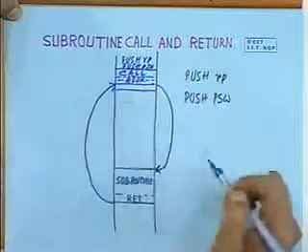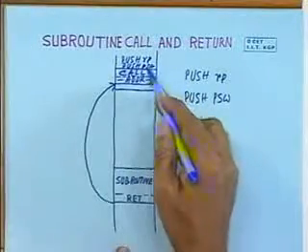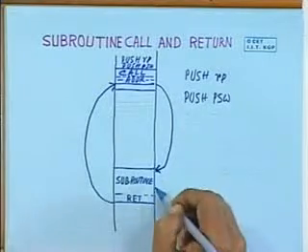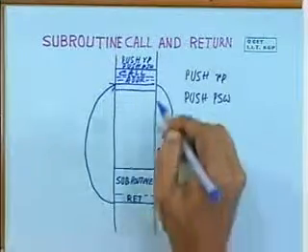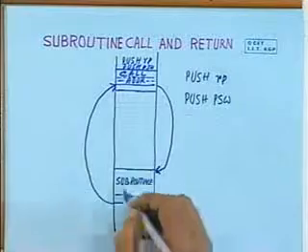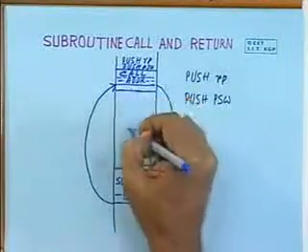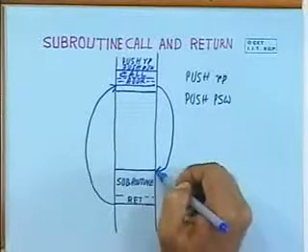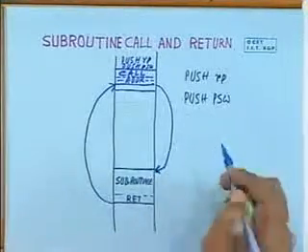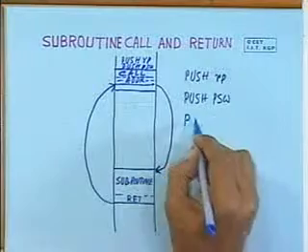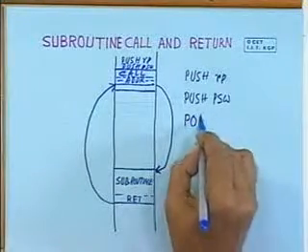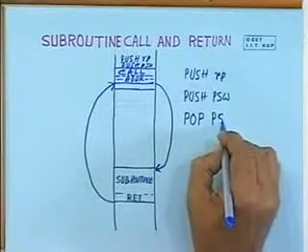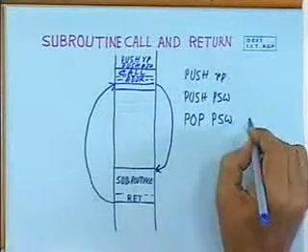So you must do that, otherwise the information stored there will be lost as you execute the subroutine, because the subroutine may be using those same registers and they will be modified. That means whenever you go to the next part of the program, you may not get the proper values. How will you get them back? You have complementary matching instructions like push PSW, pop PSW, or pop register pair.